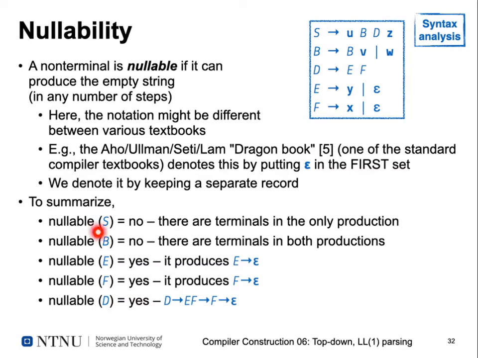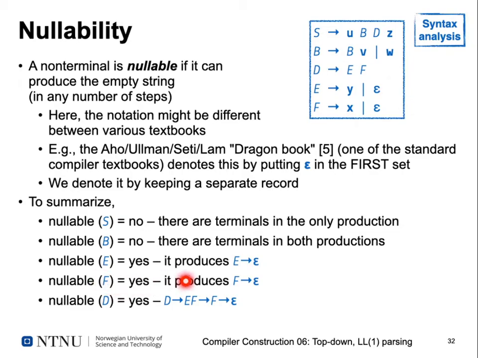So let's see, is our non-terminal symbol S nullable? No, because its only production here has terminal symbols, so it's not nullable, it always produces at least something. B, again, is also not nullable because it has two productions, but both productions include a terminal symbol. Is E nullable? Well, yes, because there is one production that just produces epsilon for E, so it's nullable.